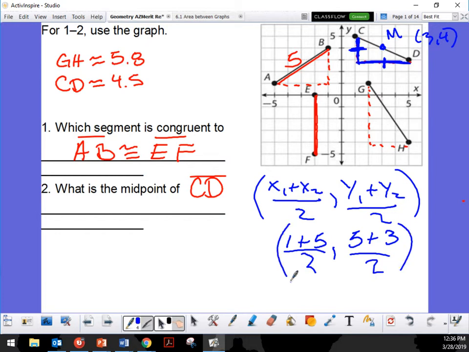So this is my midpoint. 1 plus 5 is 6, divided by 2 is 3, and 5 plus 3 is 8, divided by 2, 4. And that's my midpoint. So it's a midpoint formula, but it's just halfway in between. If you're looking at how far apart the x values are, you could use that, and using graphs is very, very helpful.